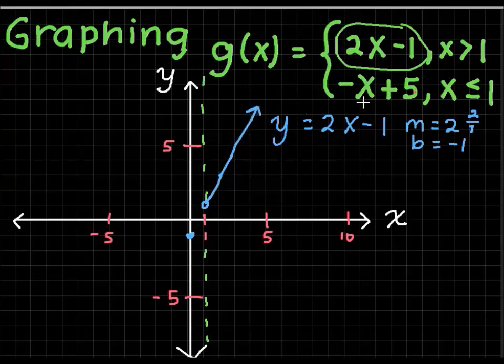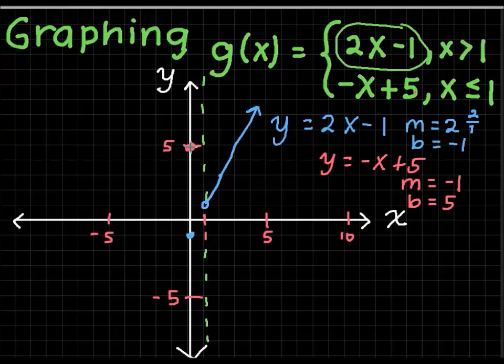Now let me graph, and I'll use red for y equals -x plus 5. That's the second function rule, where my slope is -1 and my y-intercept is 5. If I was going to graph all the way across, I would start with the positive 5, put my first dot there.